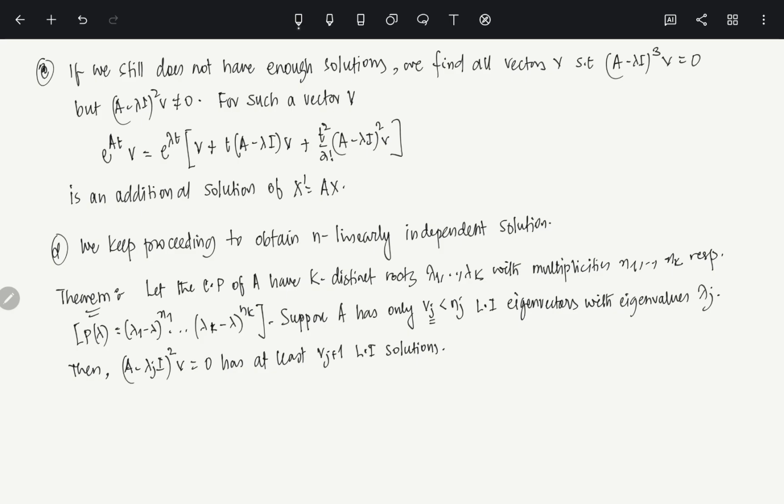So what it is saying is, corresponding to lambda j, if there are vj linearly independent solutions of (A minus lambda j I) v equals 0, then the square will have one more, vj plus 1.